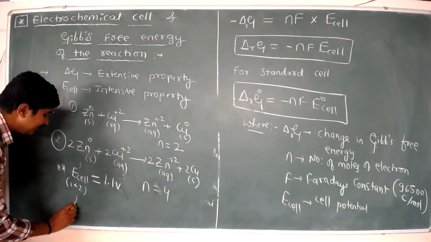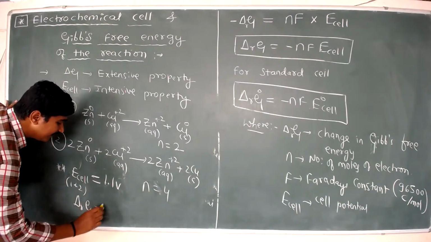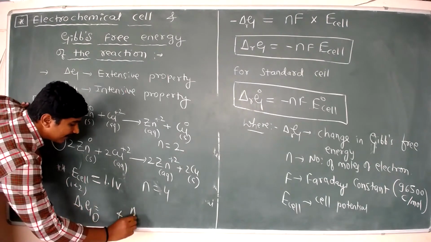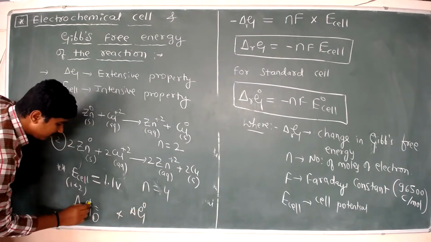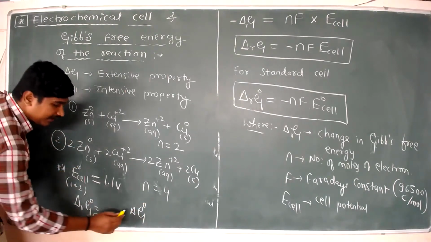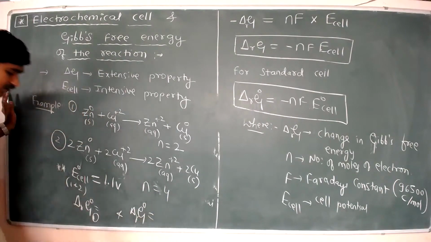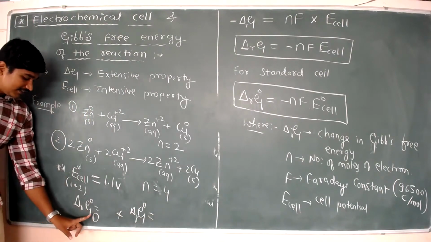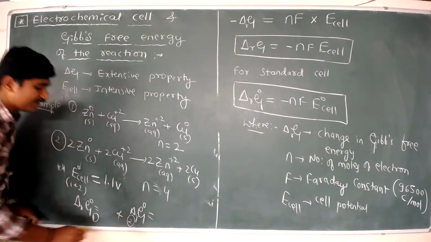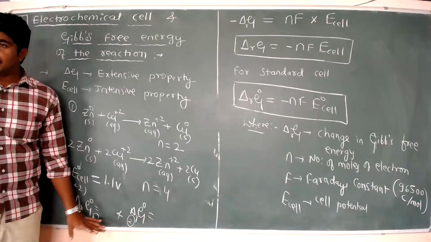Now, what about delta G for the first reaction and the second reaction? Here I am taking the standard cell. Now delta G is equal to how much? If you check delta G for the first reaction and for the second reaction, it will be different.